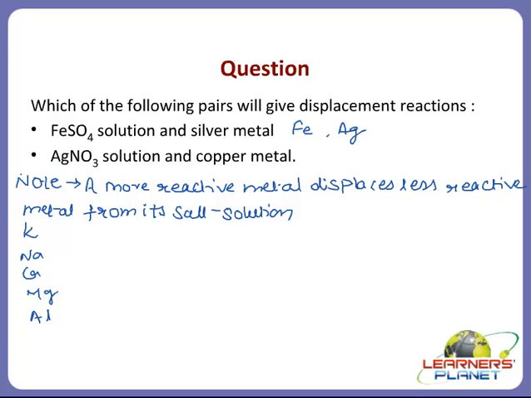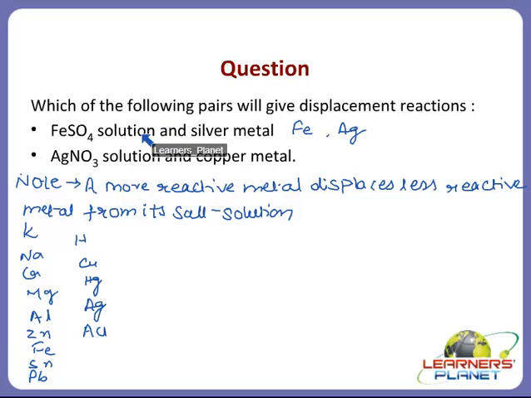Then what all is there after aluminium? It is zinc, iron, tin, lead, hydrogen, and then copper, mercury, silver and gold. Every time, for every question, I am writing the reactivity series so that you are able to memorize it. You have to memorize it. There is no other option.